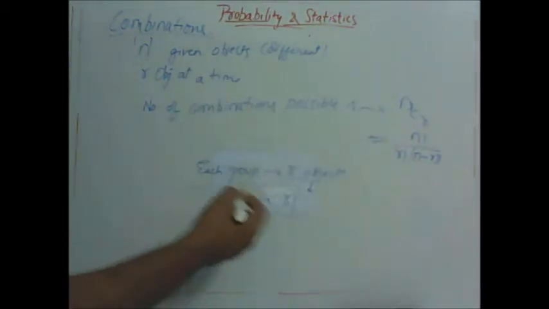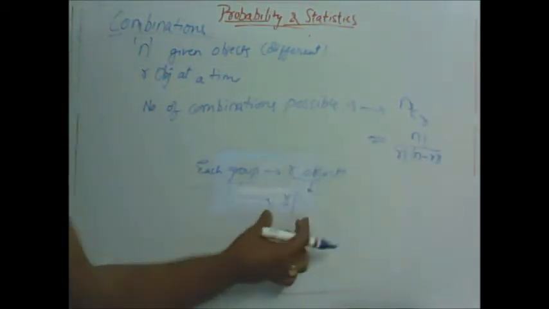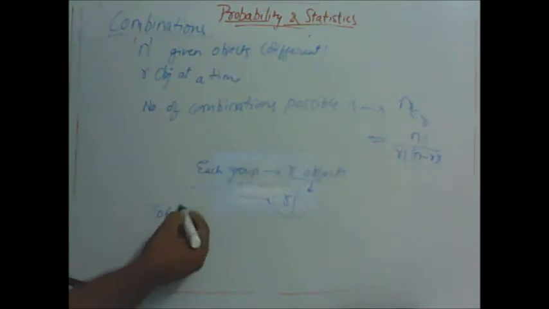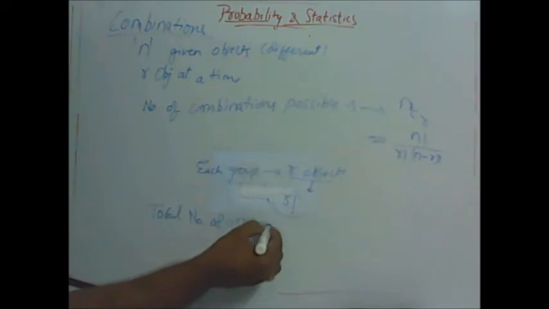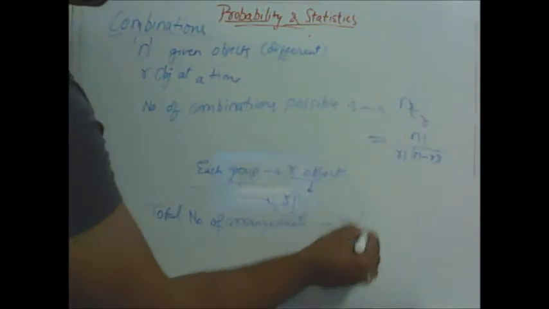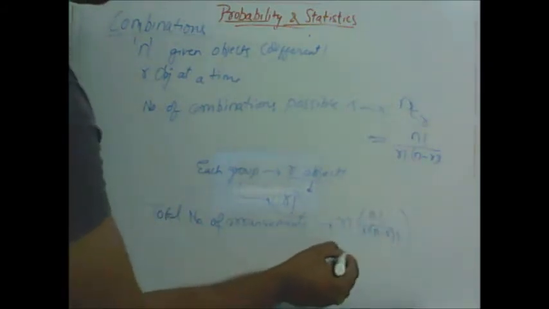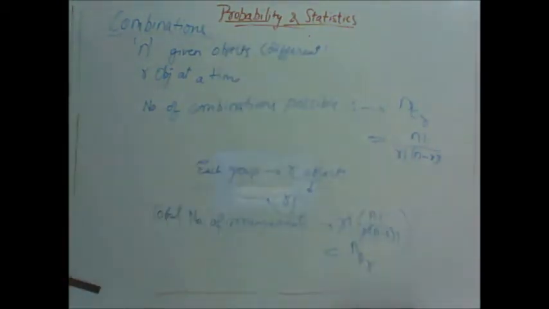So since these many combinations are possible, and in each group r factorial ways of sequences are possible, the total number of arrangements will be r factorial into n factorial divided by r factorial into n minus r factorial, which equals NPR, which we have already discussed earlier.